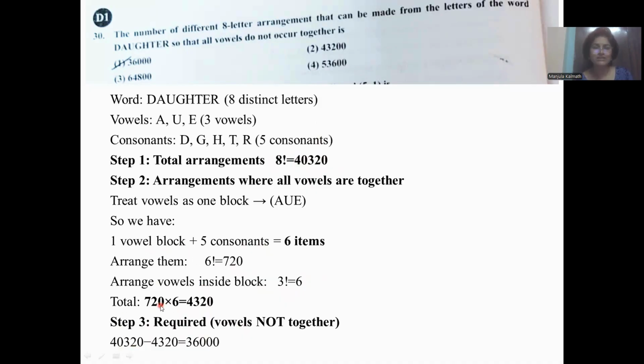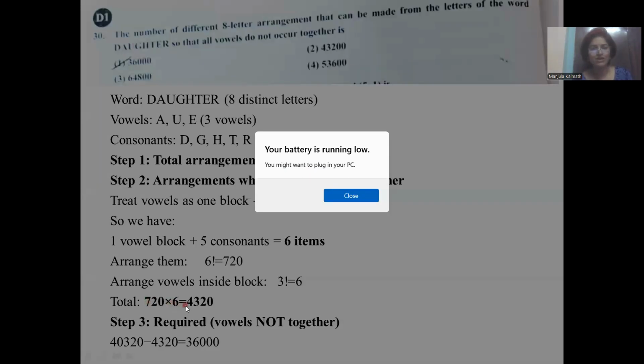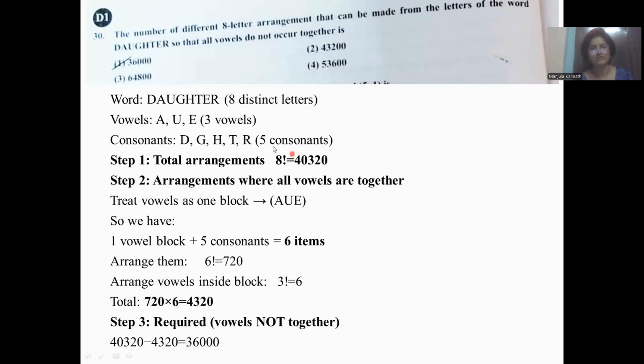And if we consider the vowels as one component, in that case we have 720 into 6 equals to 4,320. That is 40,320 minus 4,320 equals to 36,000. This is the answer. That is 36,000 is the answer for this question.